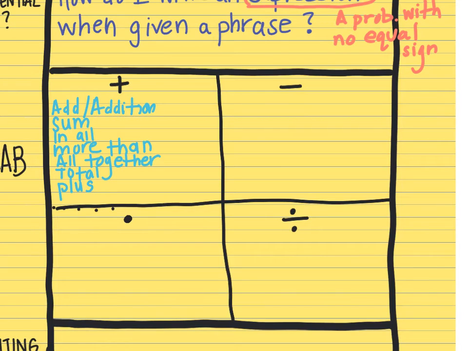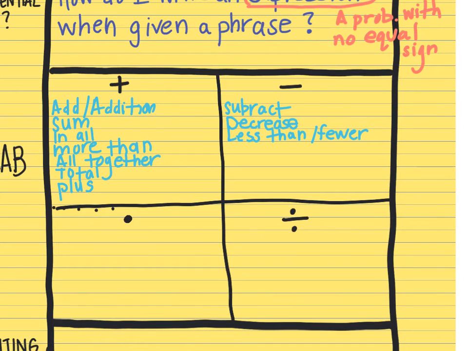So keep that in mind. I want you guys to be able to go to your virtual word wall and find these words there. Another one here on the right-hand side is the subtraction sign. So obviously the word subtract or subtraction. That's very popular. One that you'll see often is decrease, where something is getting smaller, it's decreasing. Less than is one that you will see a lot in this particular unit. Or sometimes we'll say fewer than.